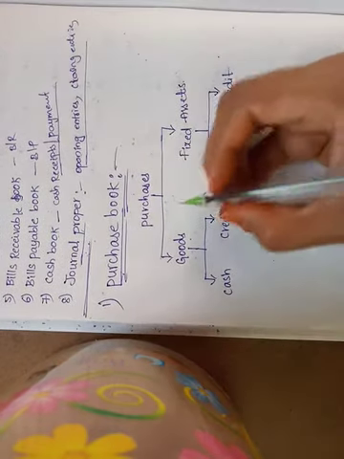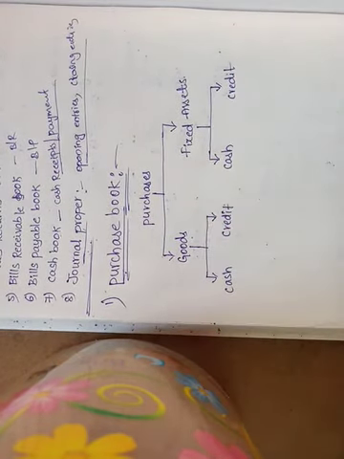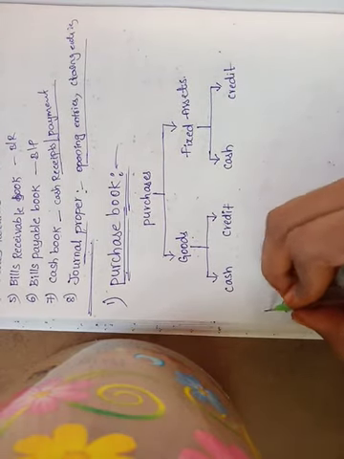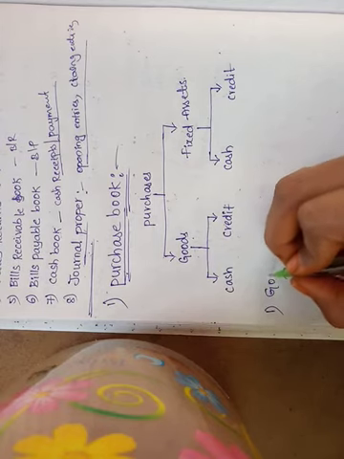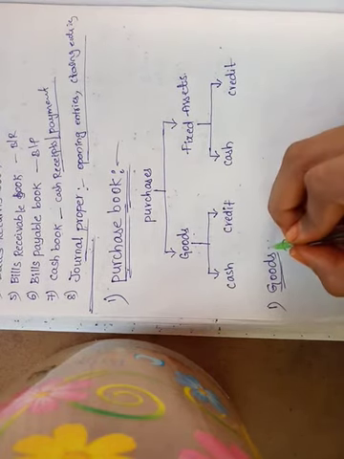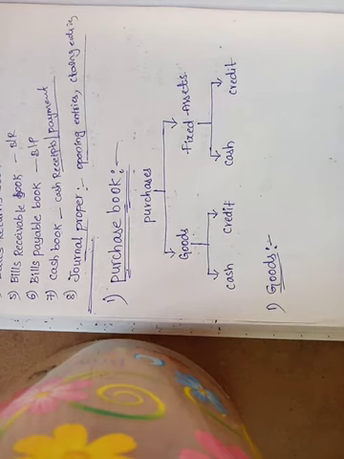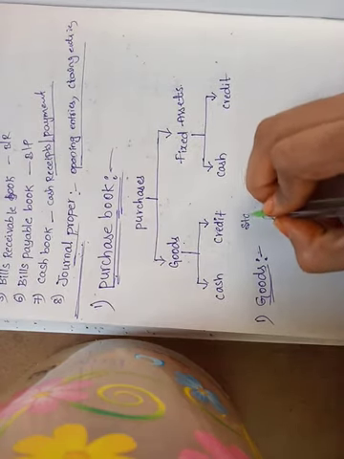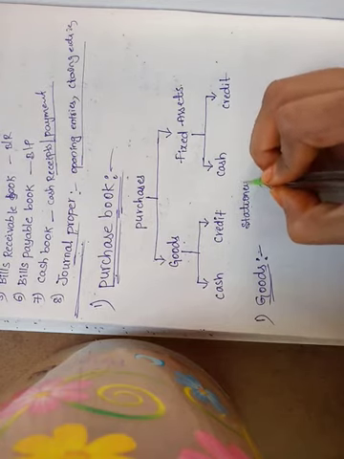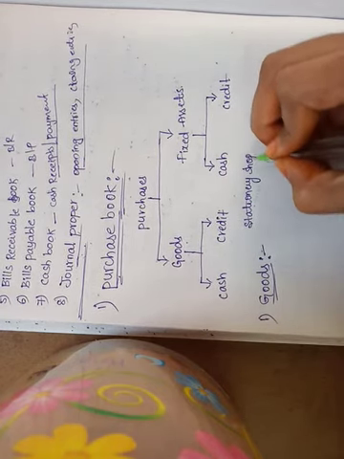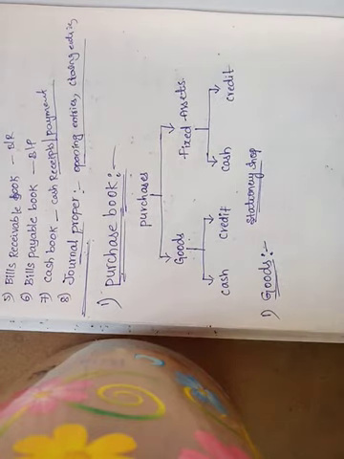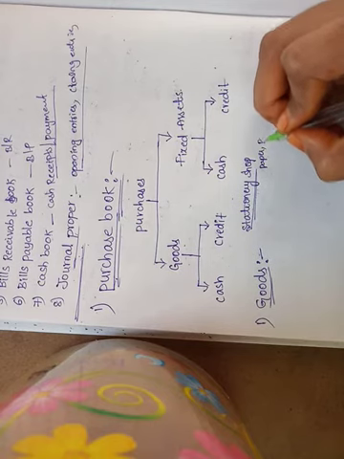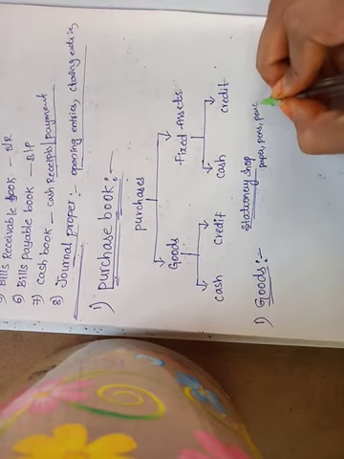So see here, what is the difference between goods and fixed assets? First, what is the meaning of goods? Suppose I'm running one stationery shop. In that stationery shop, I regularly purchase papers, pens, pencils.